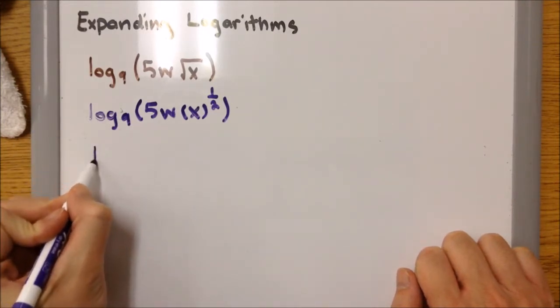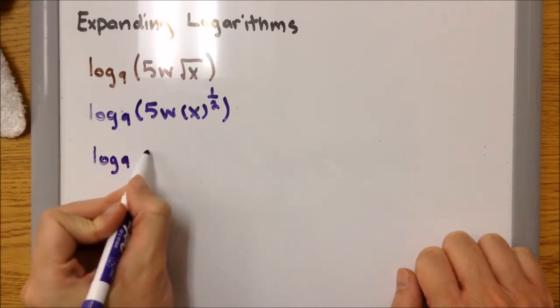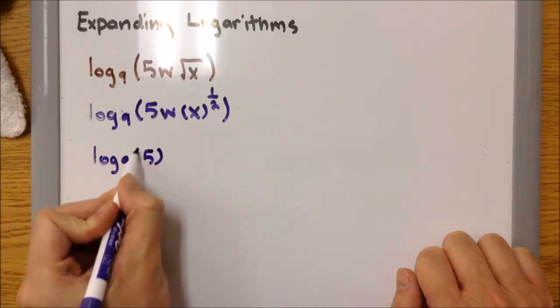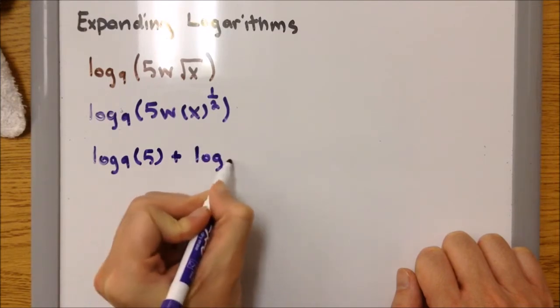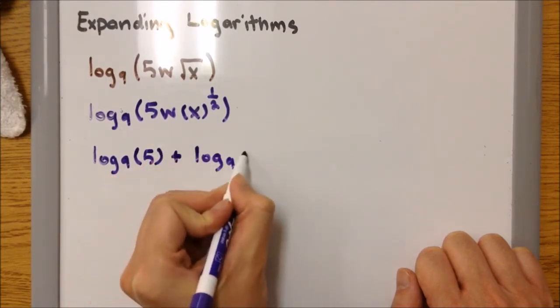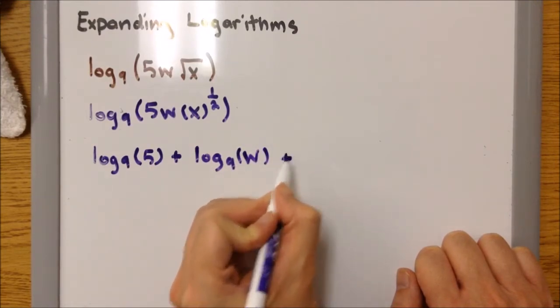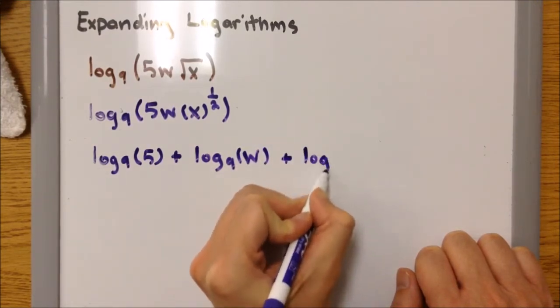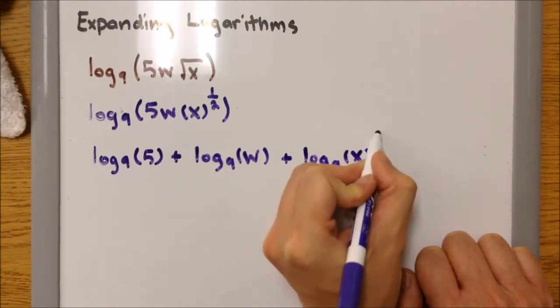First one is log base 9 of 5, plus log base 9 of w, and then plus log base 9 of x to the power of 1/2.